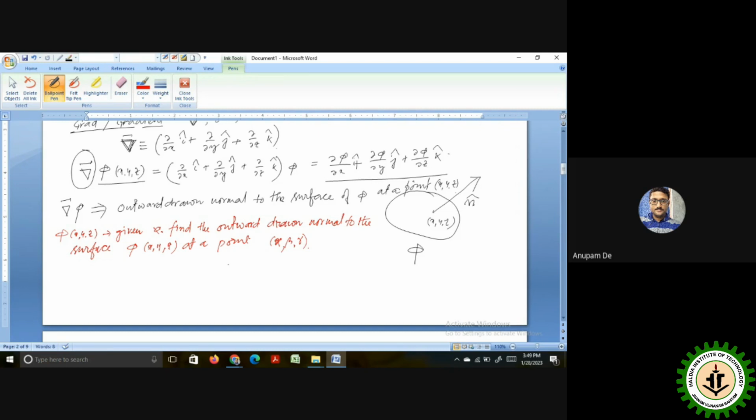If you have this question, you have to find the solution in this way. You first find grad phi, and then you put x, y, z equal to alpha, beta, gamma. Whatever you get will be your normal to the surface. Is that okay? Is that clear?